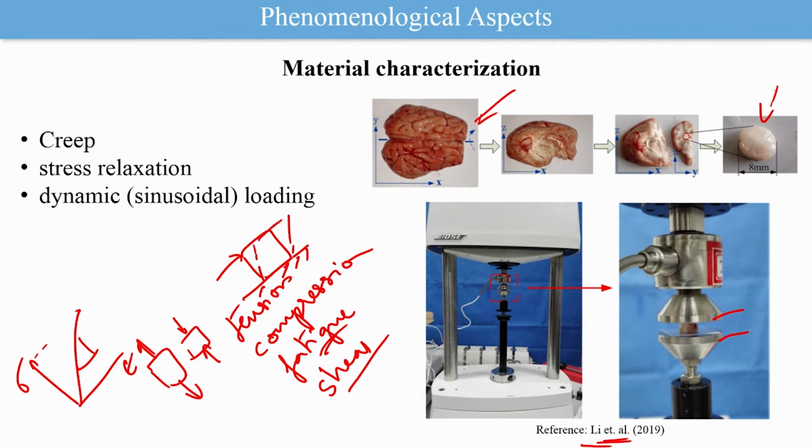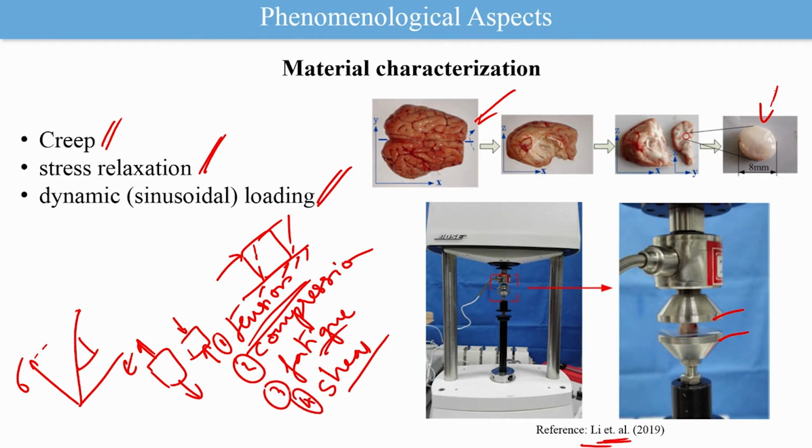So, all these tests have been done a lot, but when it comes to tissues, the most important characterization that people do is the creep test, relaxation test and the dynamic or sinusoidal loading test. Okay. All these tests that we have already discussed, like tension and compression, can always be done, and these are very much similar to any other material.